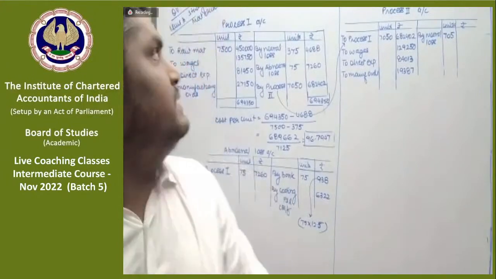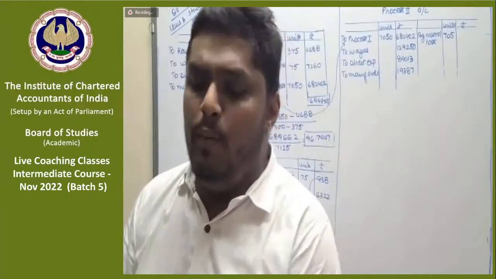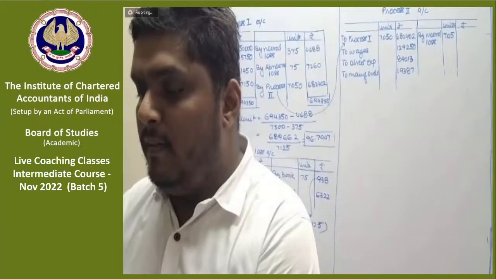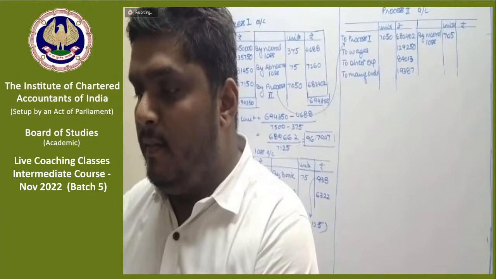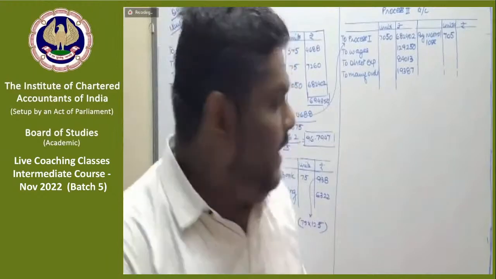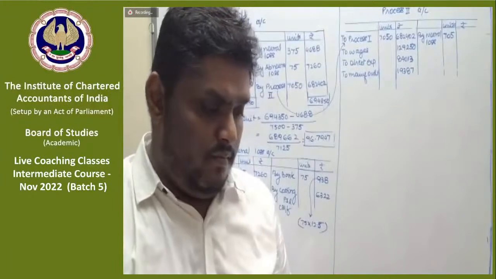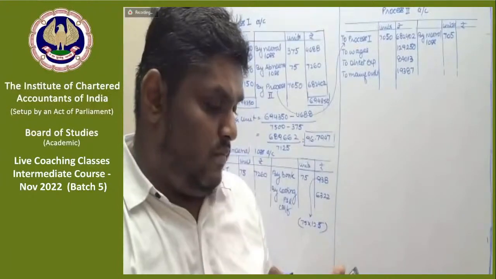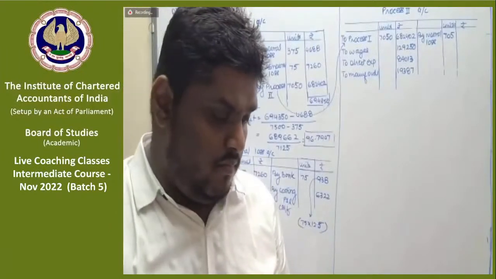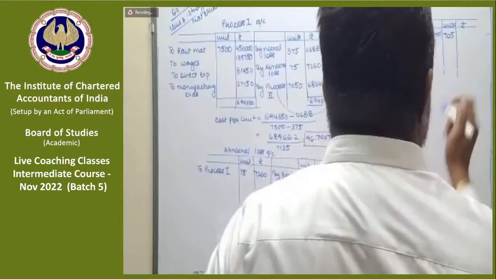Sushil Kumar Bank, this is illustration number 3 of the study material and question number 4 of the module that I have provided. Further, the scrap value realized is 37.5. So 26,437.